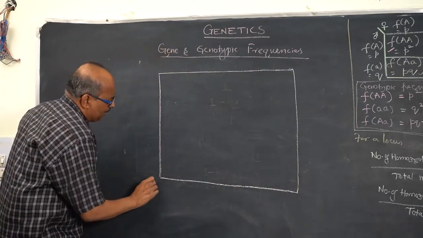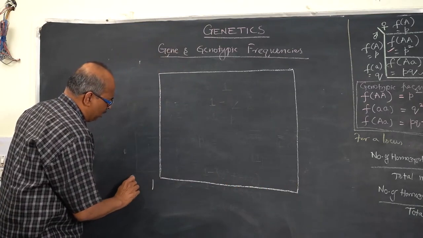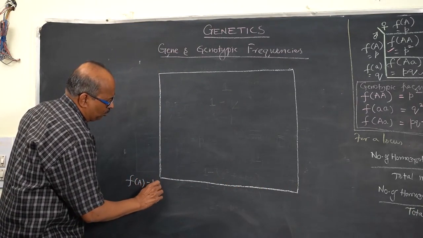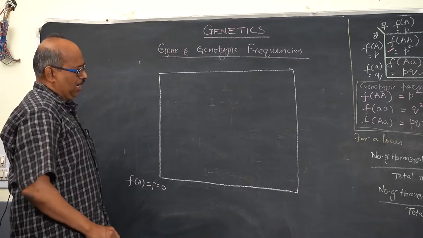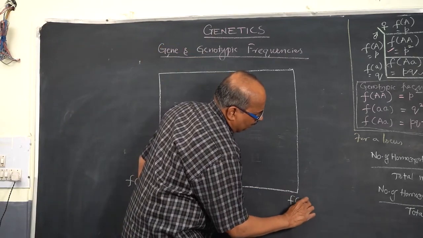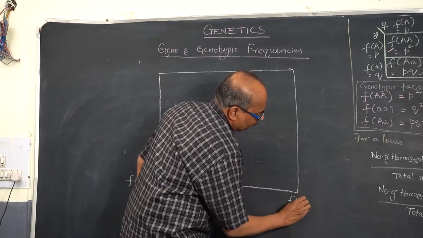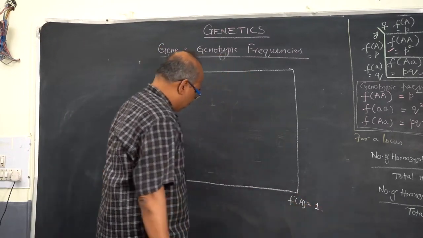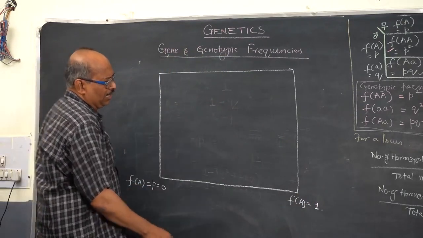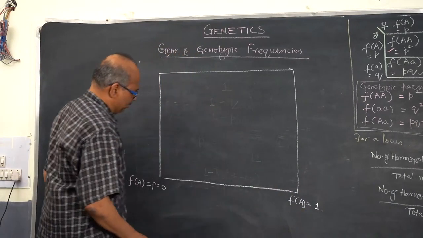So let us start a case where frequency of capital A is 0. And then we go gradually where frequency of capital A will become 1. That means here we have only small allele, here we have only dominant allele.